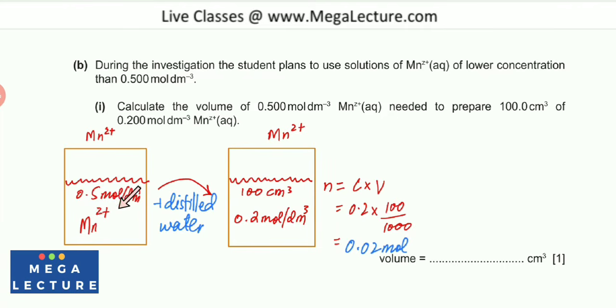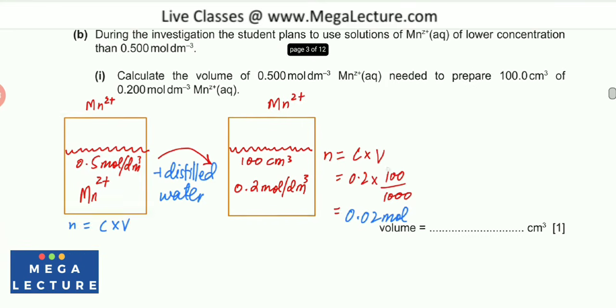So I'm going to use the exact same formula because I know the concentration of this particular solution. The concentration is given. So I'm going to use the same formula, which is moles n is equal to concentration into volume. And if we use that, we already have the moles. We need 0.02 moles. The concentration of this solution is 0.5 mole per decimeter cube.